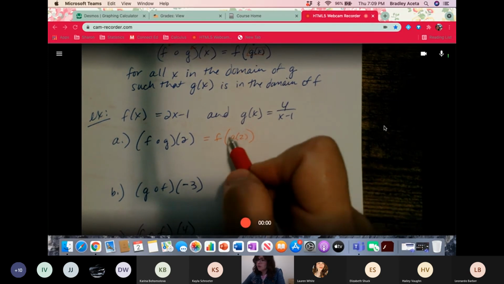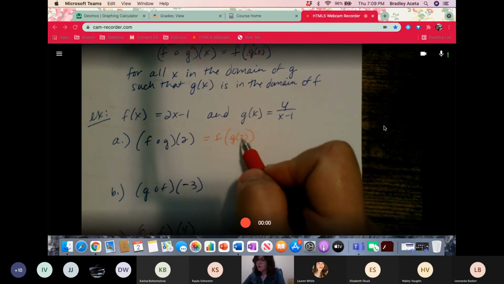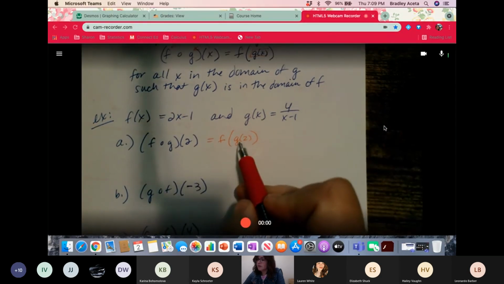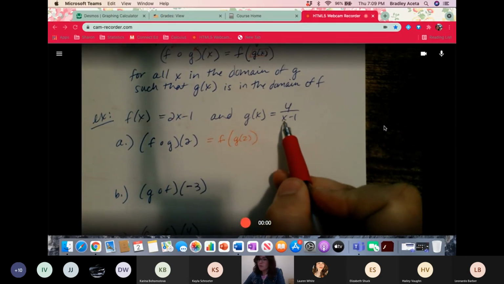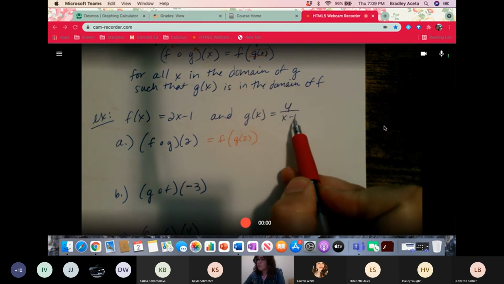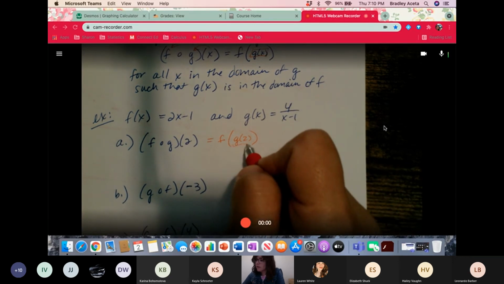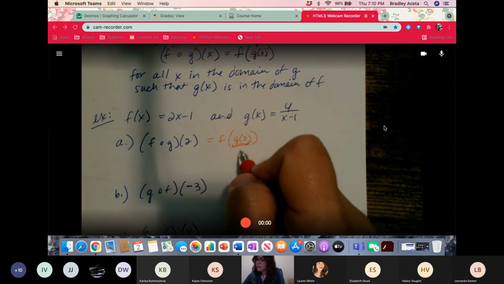Okay, so you start here. You're going to put a 2 into the g function. So a 2 is going to go right here for the g function. 4 over 2 minus 1. 4 over 2 minus 1 is 4 over 1, which is 4. So this right here is 4.